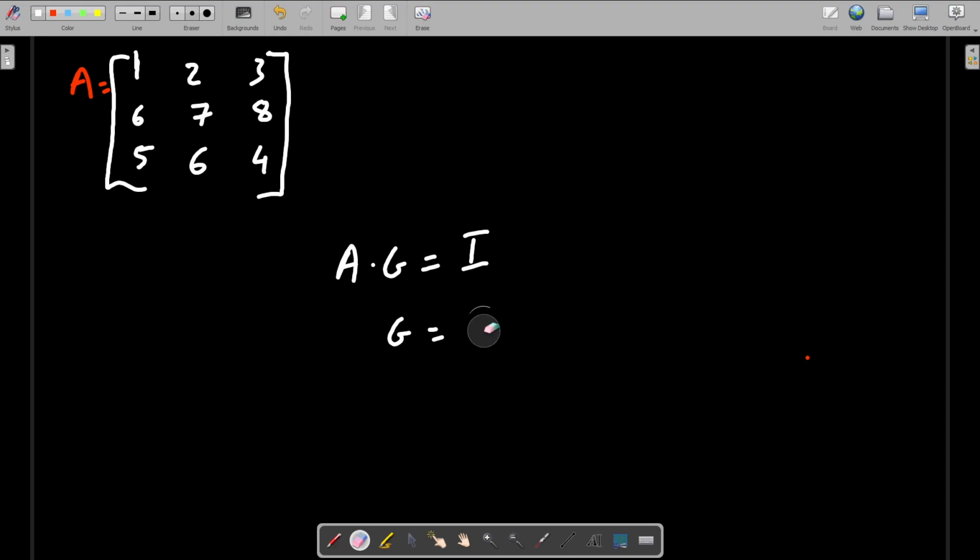Commutativity is there, but still I'll write it as A inverse into I. This is the way of finding G, if G is actually the inverse, and this will become A inverse, right? So G is equal to A inverse.